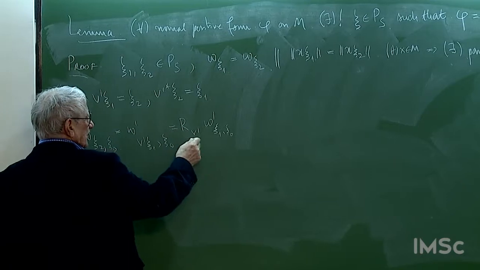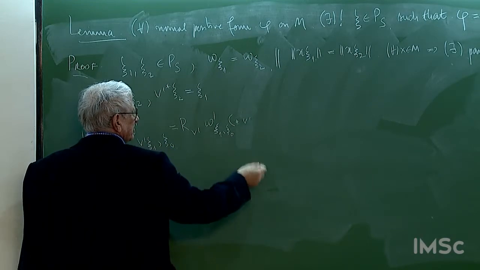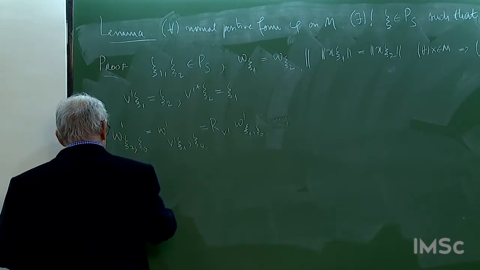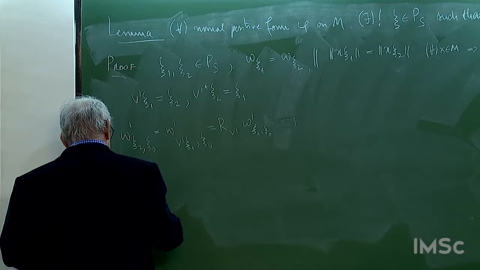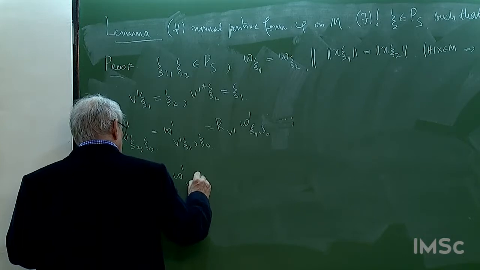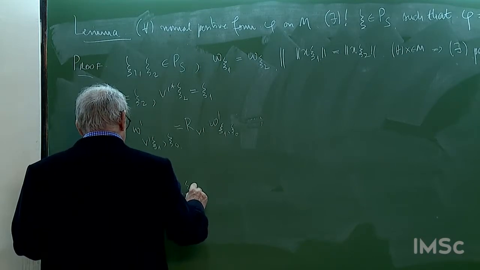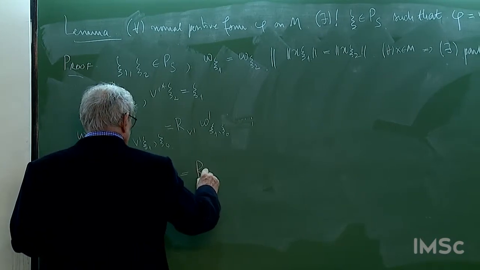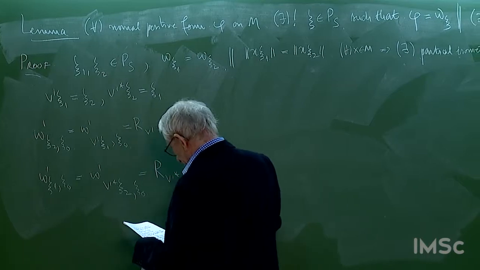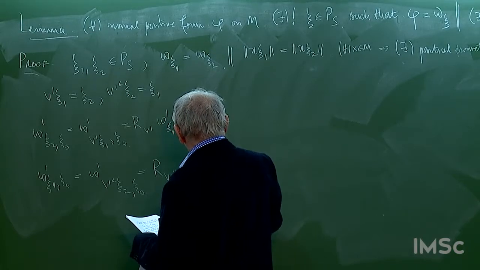Well, instead of writing so, I could put here V prime to the right, I'm sorry, dot V prime. Okay, but I leave it so. On the other hand, omega prime psi 1 psi 0 is equal to omega prime V prime star of psi 2 psi 0, which is equal to translation to the right by V prime star of omega psi 2 psi 0.